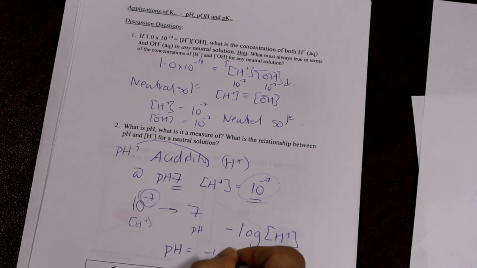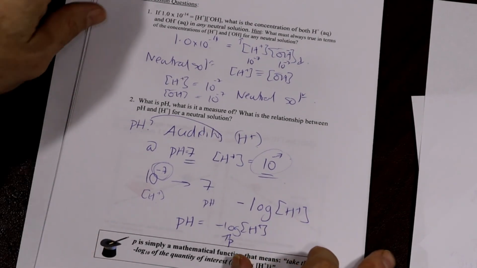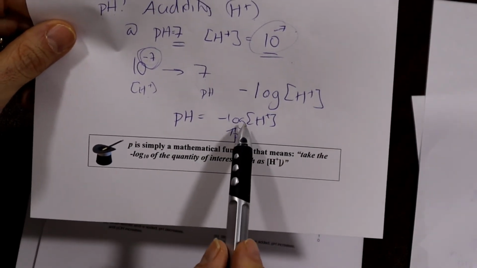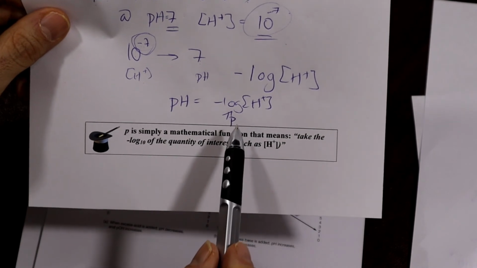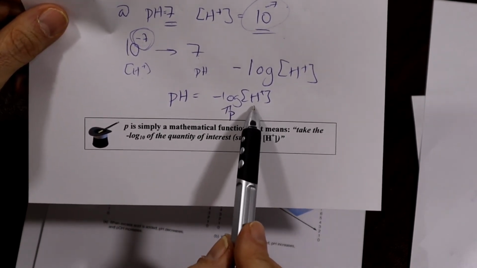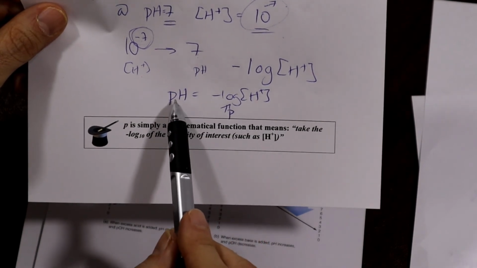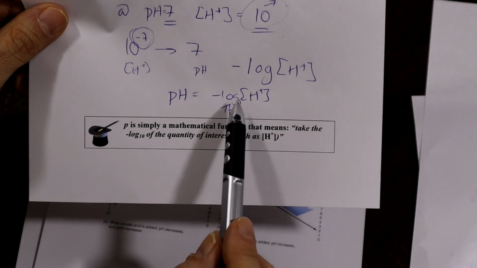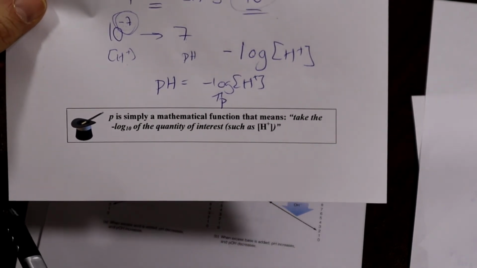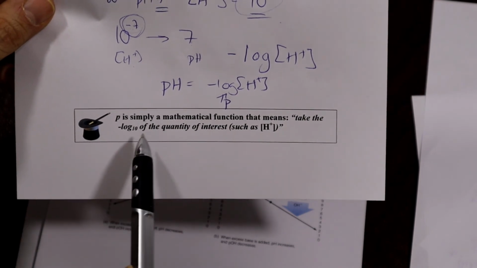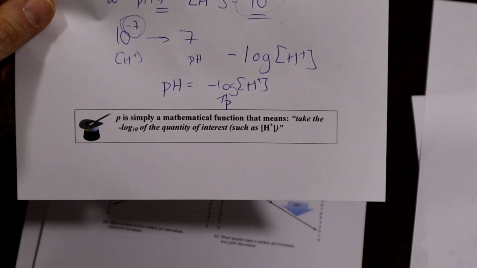If you like, the P function, hold this up so you can see. P is just a mathematical function that means take the negative log, and the H in pH is the H plus ion concentration. So P is simply a mathematical function that means take the minus log in base 10 of the quantity of interest.